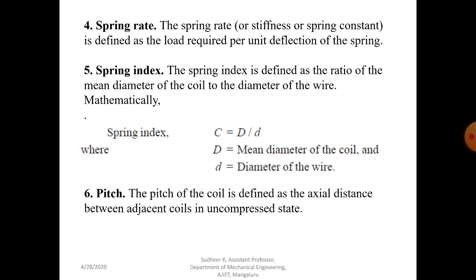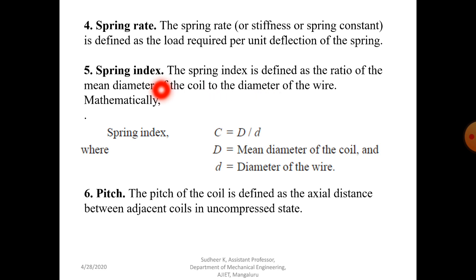The unit is Newton per millimeter, where millimeter is the unit of deflection of the spring, and Newton is the unit of load. So spring rate is defined as the ratio of load to deflection. So the unit is Newton per millimeter.